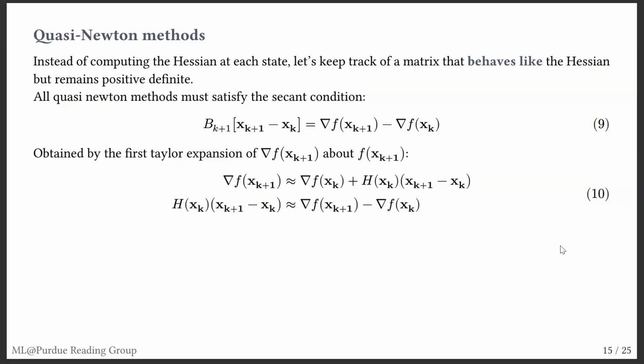And there's one condition we always want to uphold, which is this one. It's a secant condition. Essentially, you're saying that you want to be able to approximate the second-degree derivative, whatever that means, quote unquote, whatever the second derivative means at a specific point, using B. The right-hand side is the difference in gradients. The left-hand side is the difference in points.